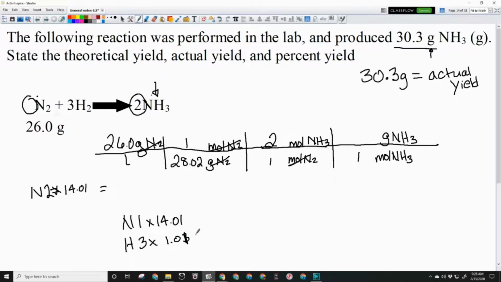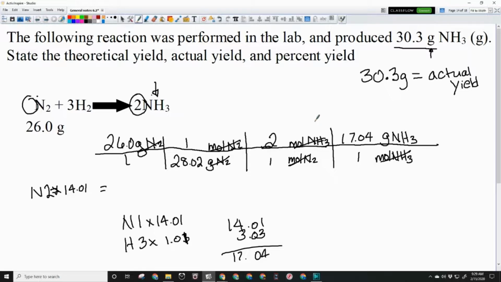That's 3.03. And we're going to add that to our 14.01. So that's 17.04. Okay, so our moles cancel out there and we're left in grams. Now we can compare this. We just have to do our calculation first.